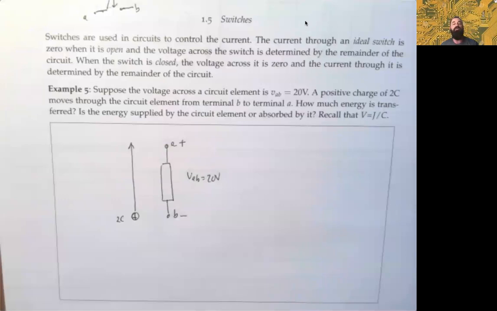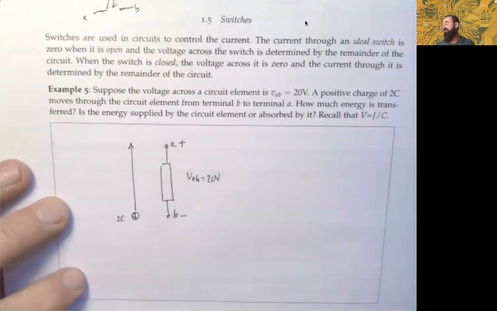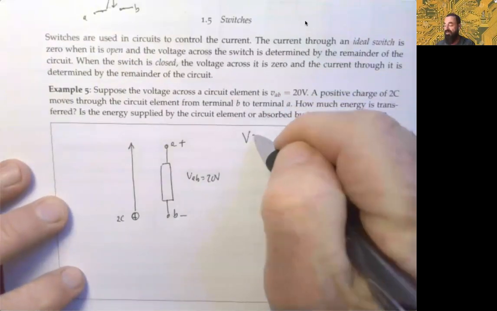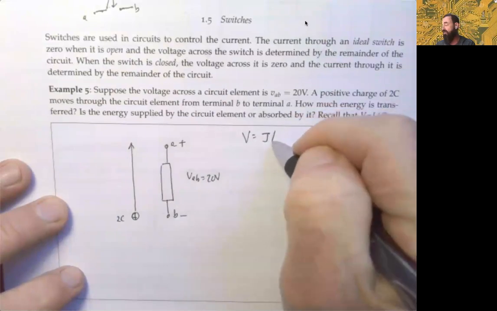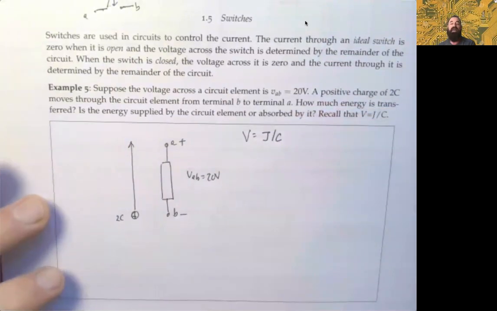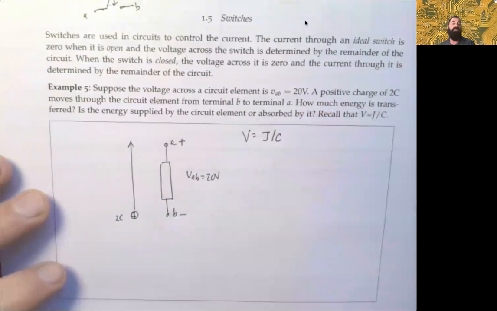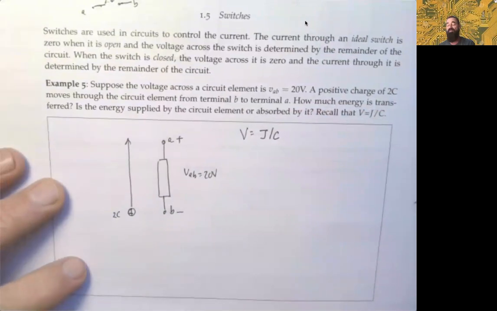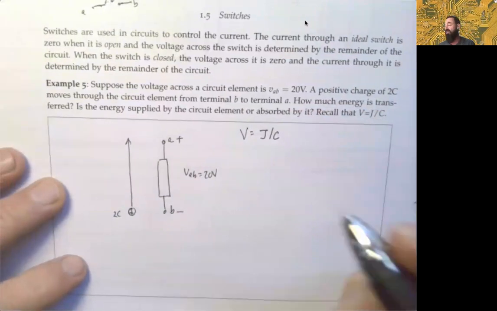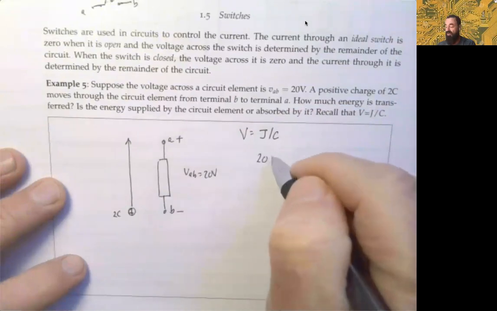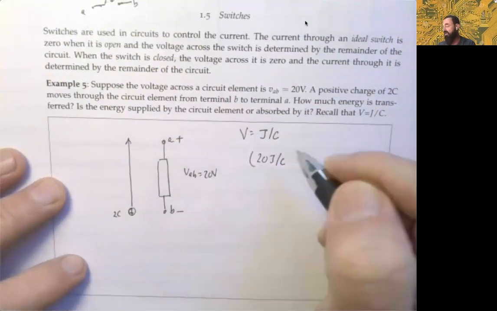And of course, remember, voltage is the energy transfer rate of joules per coulomb, right? So in this particular case, if voltage is joules per coulomb, and we are given that the voltage is 20 volts, that says we have 20 joules per coulomb, correct?